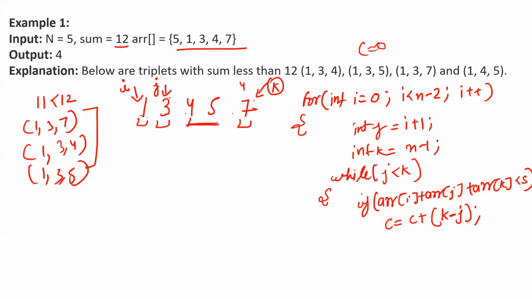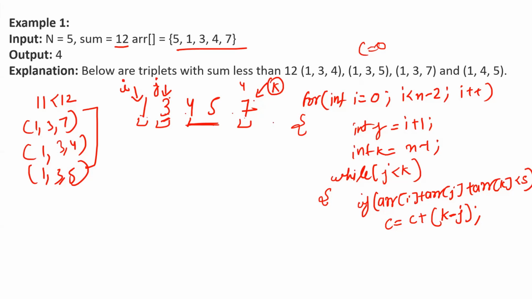Also, we'll be incrementing the value of j, because now we have considered it. As of now, i will remain fixed. So if this condition has been satisfied, we'll be incrementing the value of j. What if this condition has not been satisfied? It means you are getting a sum which is greater than or equal to the given value. So we'll be focusing on reducing the sum.